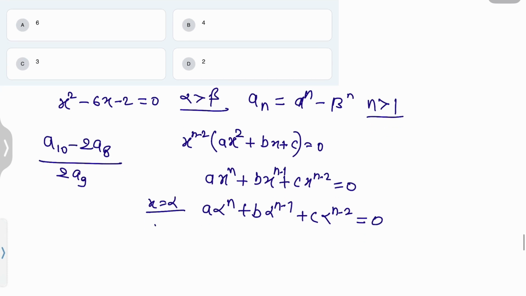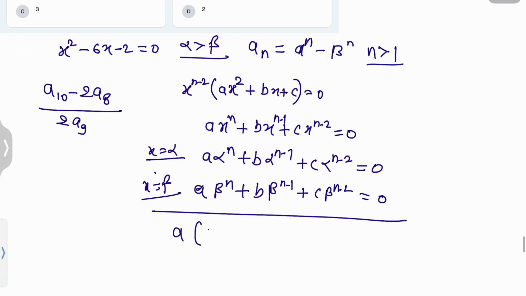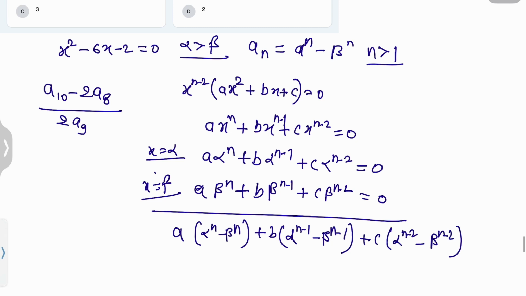Same for x equal to beta, which is also a root: a beta power n plus b beta power n minus 1 plus c beta power n minus 2 equal to 0. Subtract both. The result is a times alpha power n minus beta power n, b times alpha power n minus 1 minus beta power n minus 1, and c times alpha power n minus 2 minus beta power n minus 2.